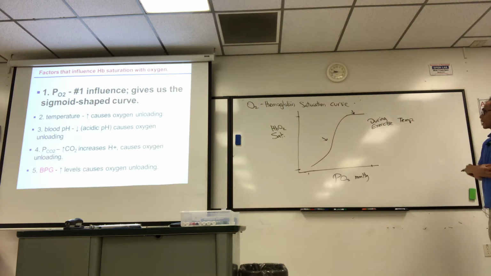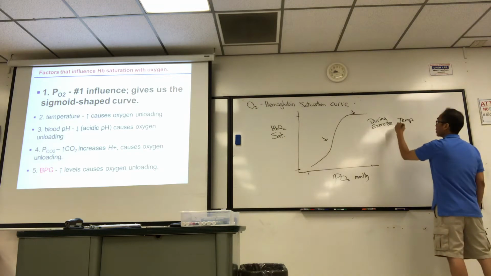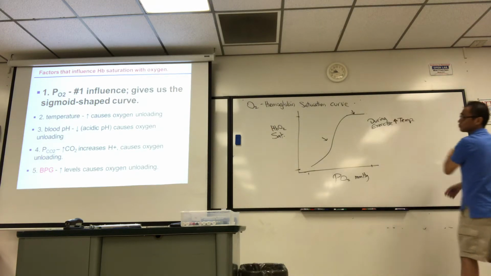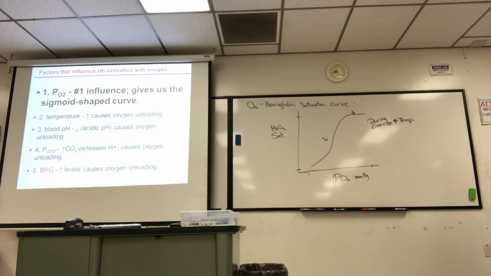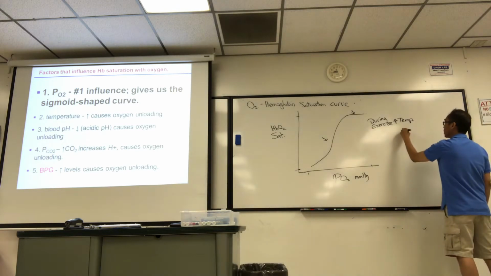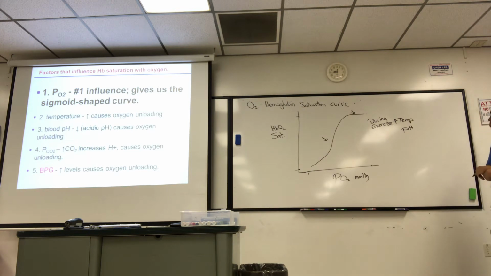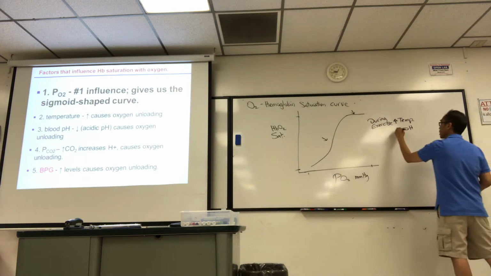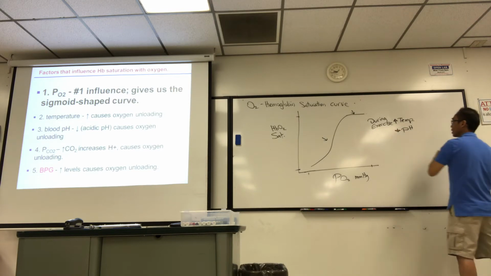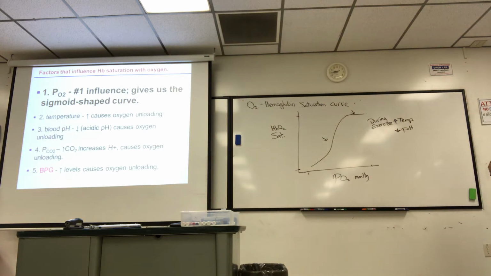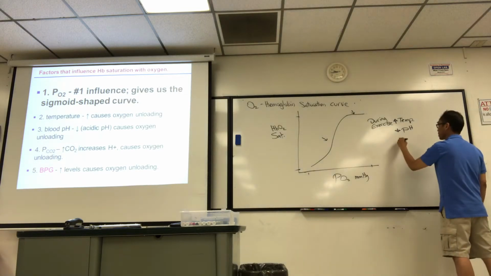Rest versus exercise, body temperature increases. Let's think of the pH of the blood. Got the lactic acid buildup, burn of exercise. pH tends to drop during exercise. The partial pressure of CO2 increases.